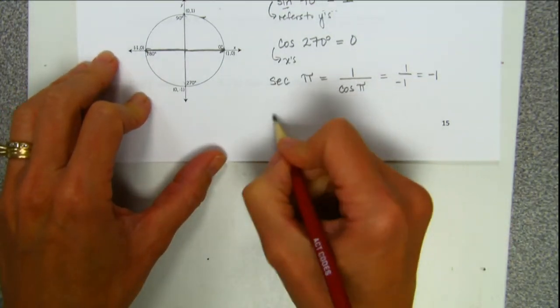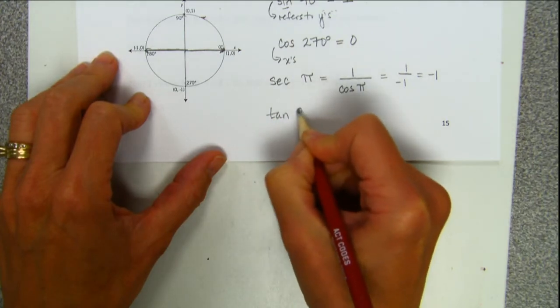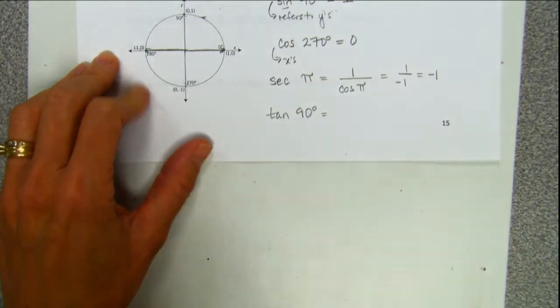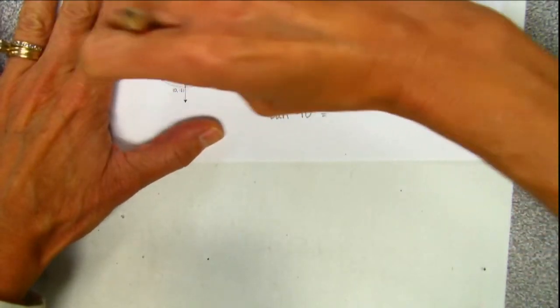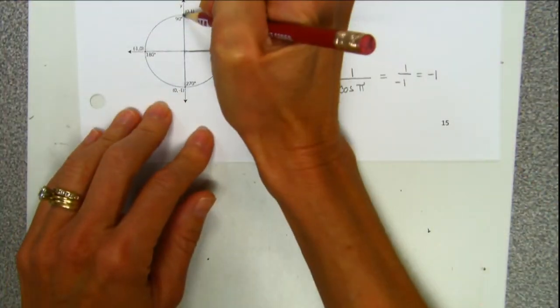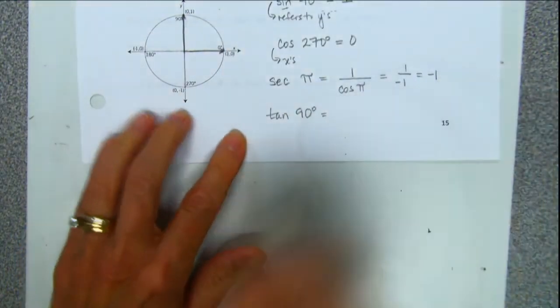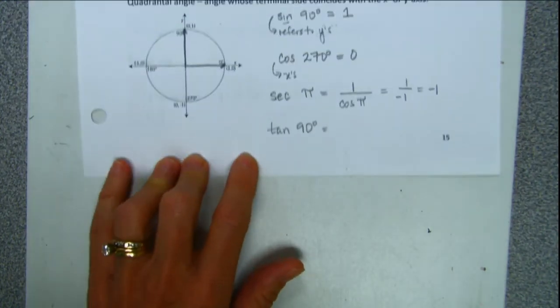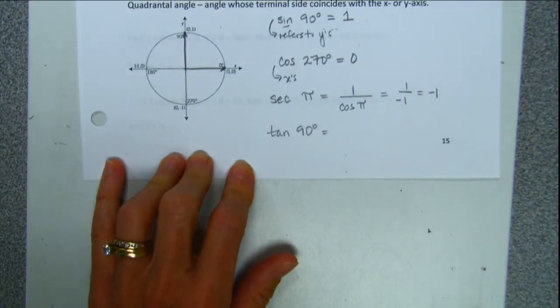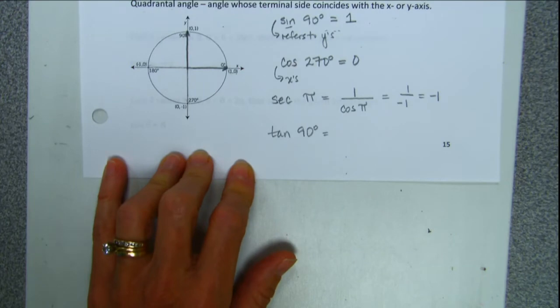And what if I asked you for the tangent of 90 degrees? All right, the tangent of 90 degrees. I said that sine refers to your y's, cosine refers to your x's.